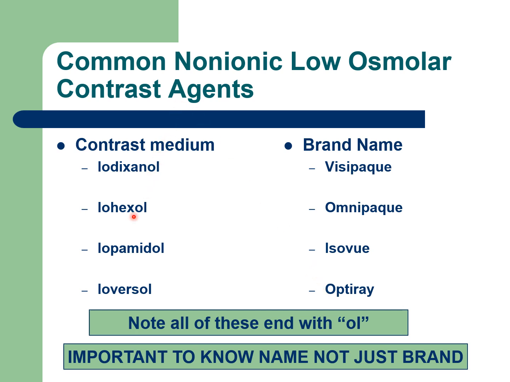All of these are low osmolar non-ionic. Note, they all end in O. So I would use that as my clue if I couldn't remember these names. It's important to know these, not the brand names. Not the brand names. You want to know what these are because any testing is going to use those names.